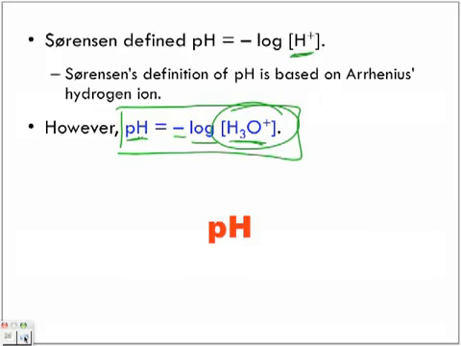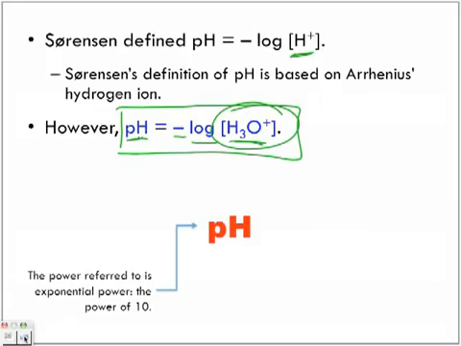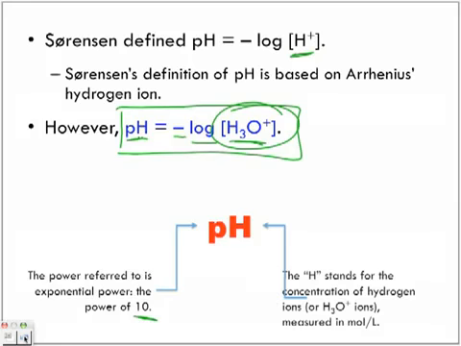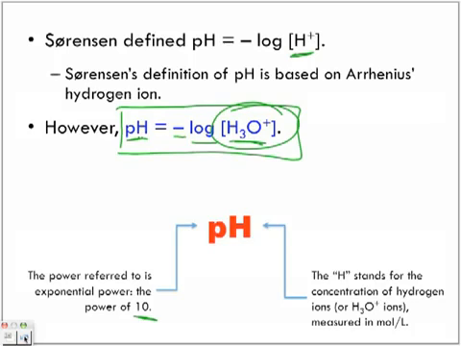So what does pH really stand for? We're looking at power, power of 10. That's why we're calculating logarithms. A logarithm asks what power of 10 will give me whatever number we're looking for. And H stands for the concentration of the hydrogen ion, but really it's the concentration of the hydronium ion.